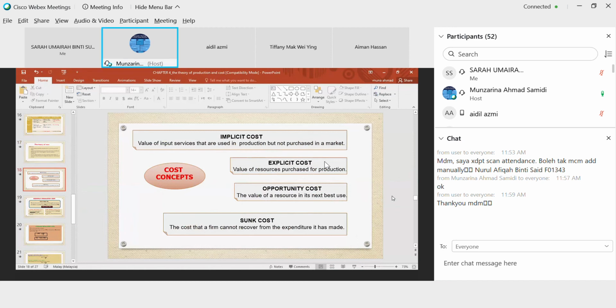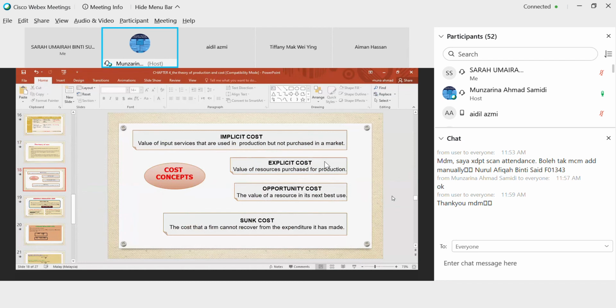So that is sunk cost, because you cannot use it for any other purpose if you stop producing. If you stop producing your sugarcane juice, you cannot use that machine for any other use. You cannot recover the cost of buying that sugarcane juice extractor machine.